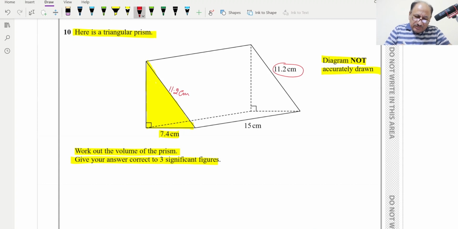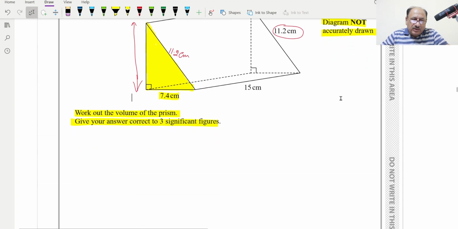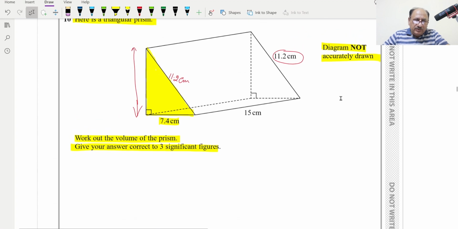So only this side basically is required, and it is a right angle triangle. So we can apply Pythagoras theorem, and if I label this one for your understanding, if I label this A, B and C, so in triangle ABC we can write, now we'll be applying Pythagoras theorem.